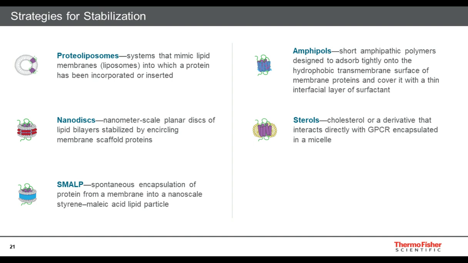The approach commonly found in the literature is to first extract the GPCRs from the membrane, followed by a separate step to stabilize the extracted receptor. We determined, however, that the receptor is better stabilized if both the extraction and the stabilization happen concurrently. Because of this, we developed an all-in-one formulation that contains all of the components needed to extract stable and functional GPCRs.